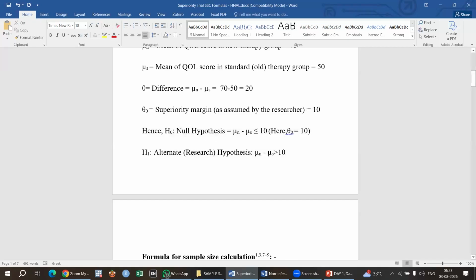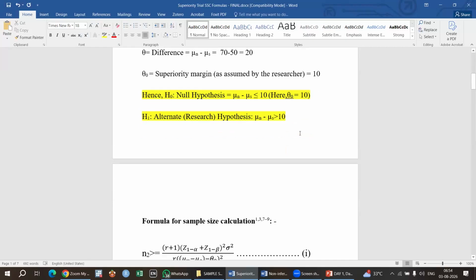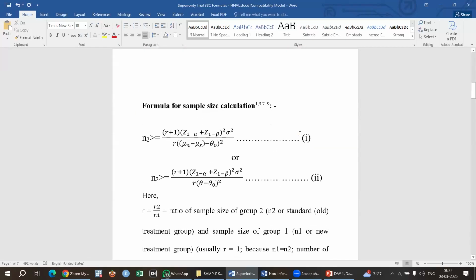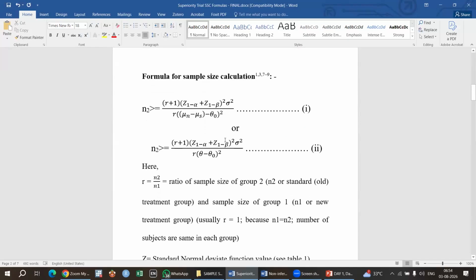Okay. So if you have any question regarding this, please ask me later. First, we will finish this. So this is our superiority null hypothesis and alternate. Now, this is the formula to calculate sample size for a superiority trial.